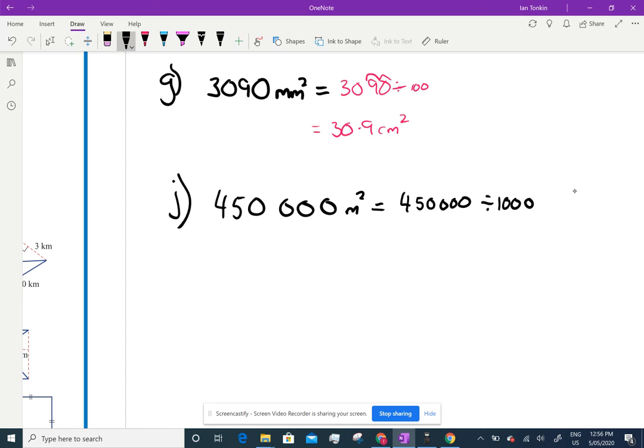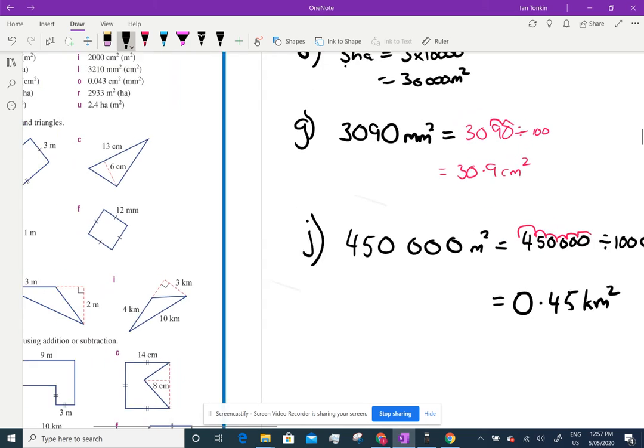Sorry, 1,000,000. Now that means I've got to move the decimal point 6 spots. So it's there, 1, 2, 3, 4, 5, 6. So I should get 0.45 kilometres squared. And in 3J, that's the right answer.